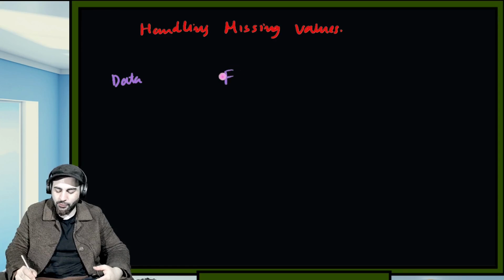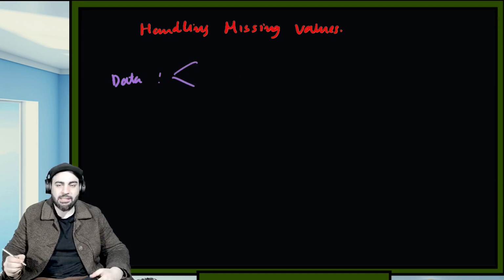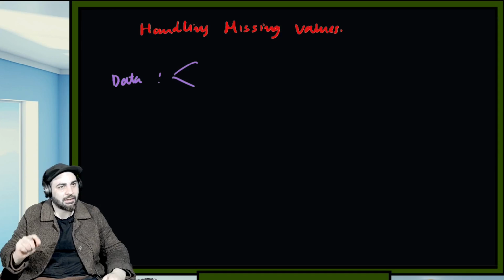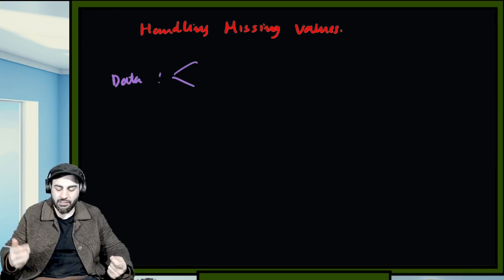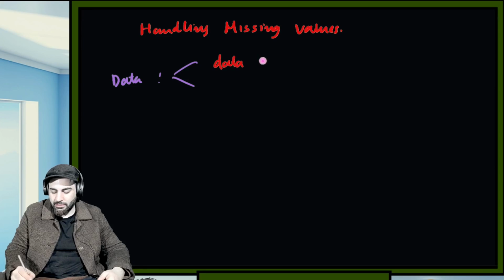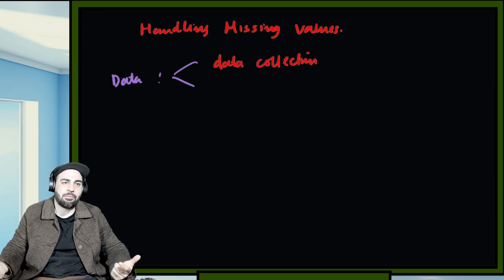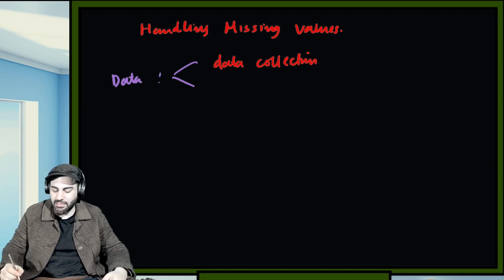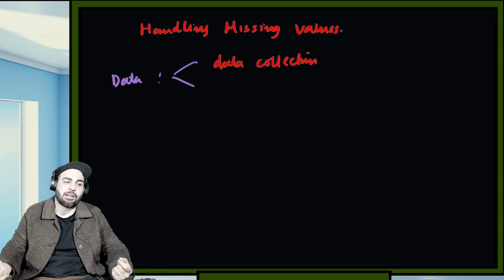We get missing values from data not having them, because while collecting the data they were not taken. These are two reasons. The first reason is data collection: some people may not even pick the data, or sometimes there is no way to collect that feature for that data point.